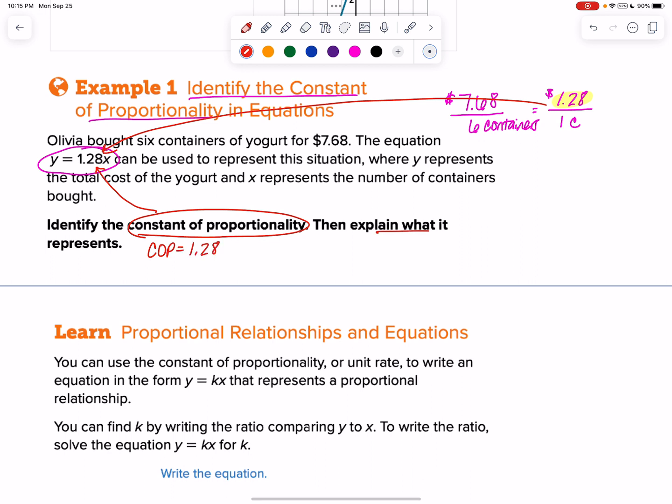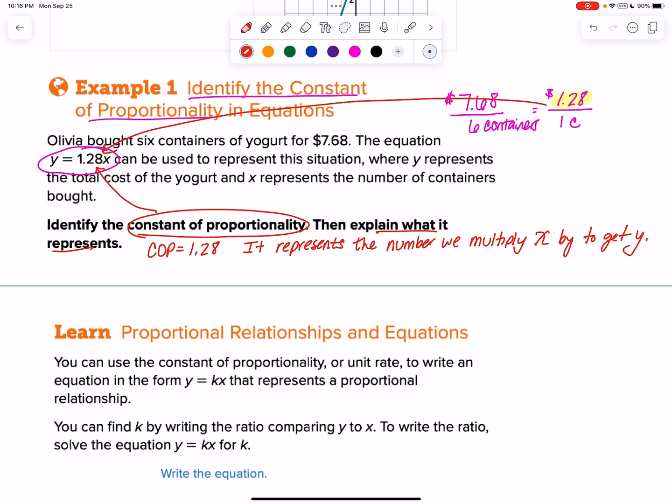And it says explain what it represents. It represents the number we multiply x by, and here's how you can write an x so it shows as a variable like that, to get y.